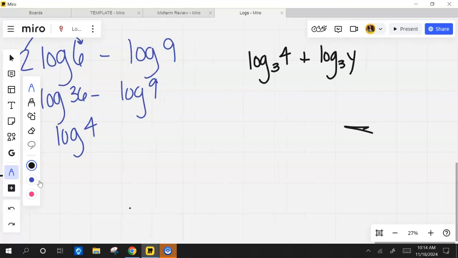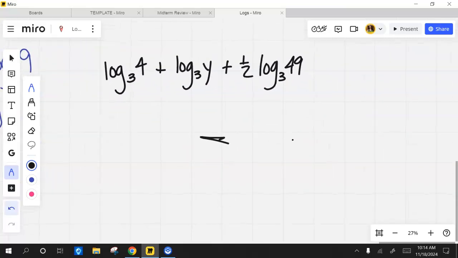Make sure you move left to right. It's going to be log 3.